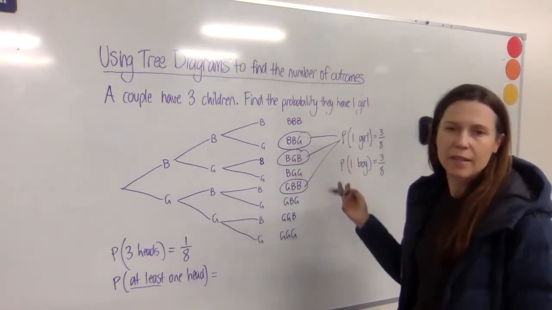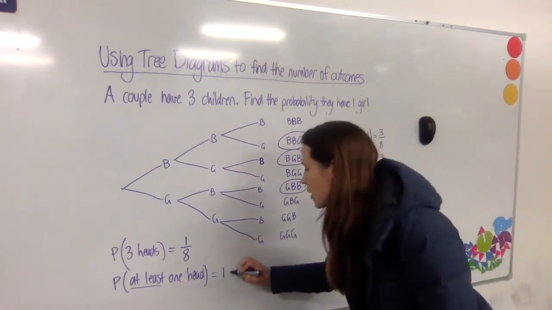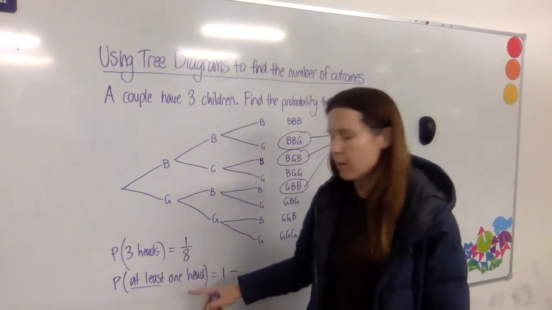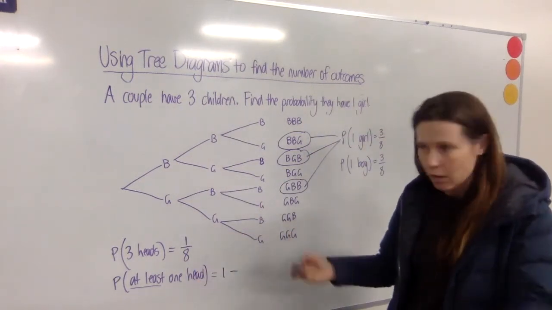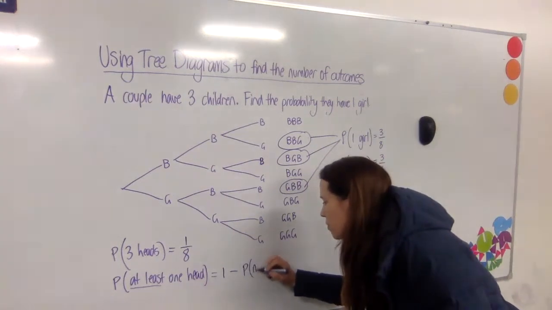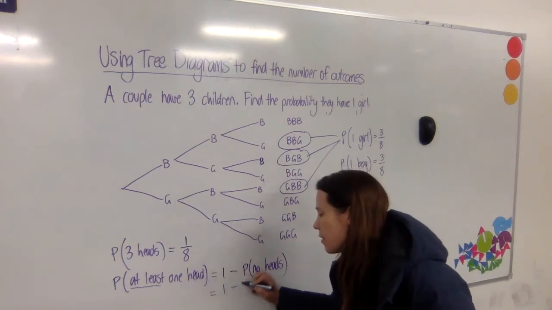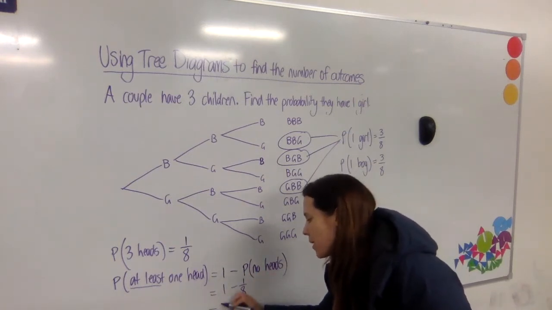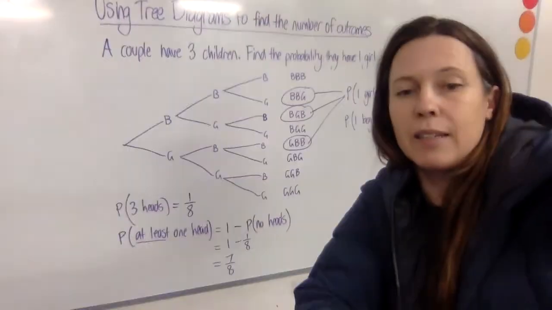We could reason that they're all equal and say it's 7/8, but we could also say it's 1 minus the opposite of getting at least 1 head. And the opposite of getting at least 1 head is getting no heads at all. So if the probability of getting no heads is 1/8, then all we need to do is 1 minus 1/8. And that's another way that we can get our answer of 7/8.